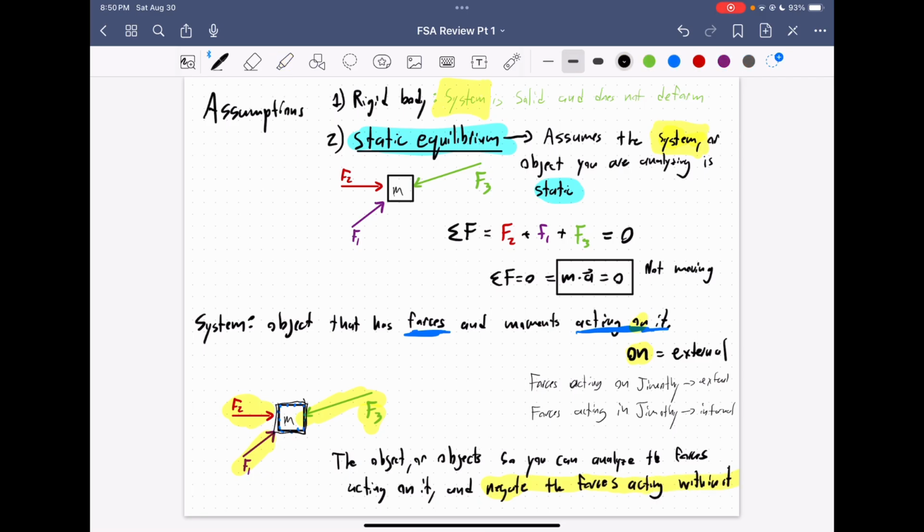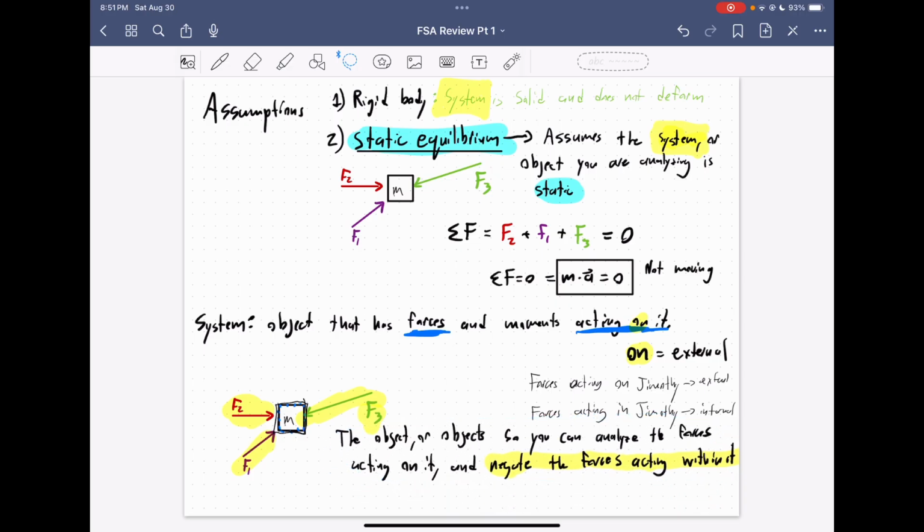That is only because, we'll slide this up so I can write that because that's important, this part is only because it is rigid body plus static equilibrium. So the system is the object that has forces and moments acting on it.